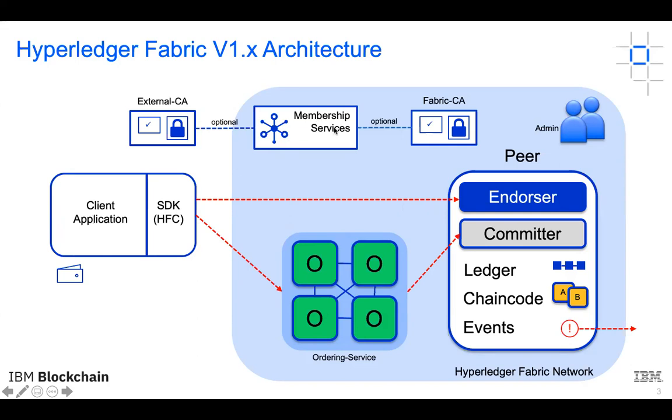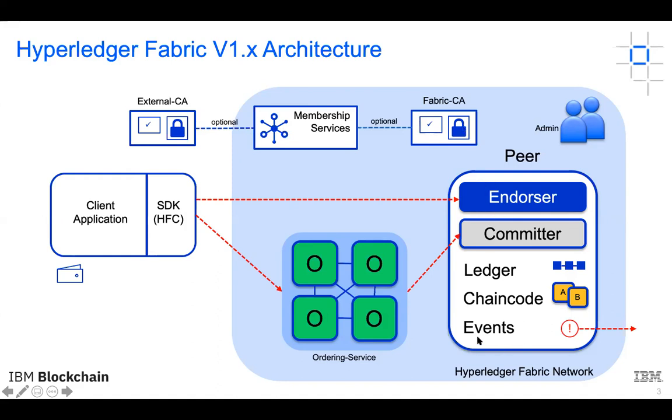Membership services are capabilities that are part of Fabric to allow an organization to manage identities. Here we have a certificate authority that each organization can use as part of the network implementation, or they can use an existing certificate authority that lives outside of the network.